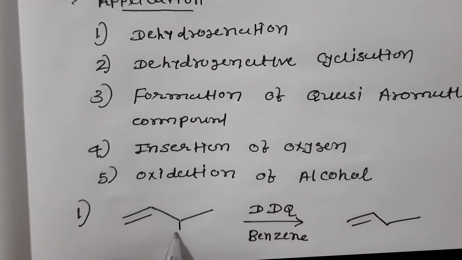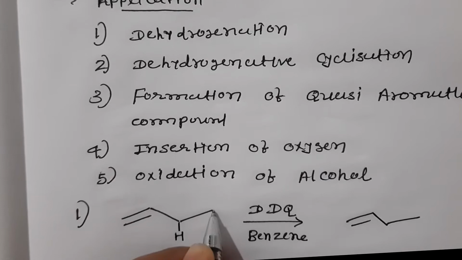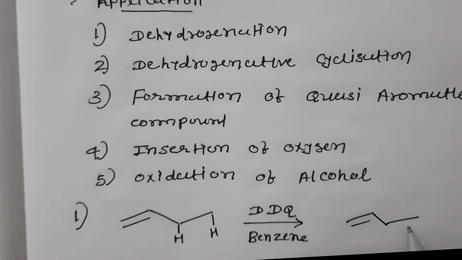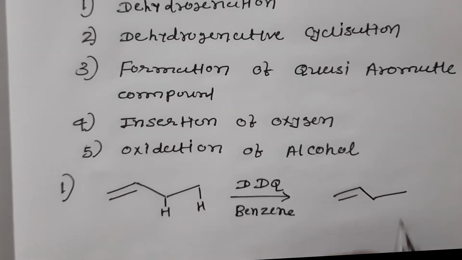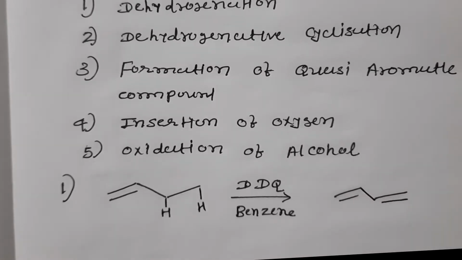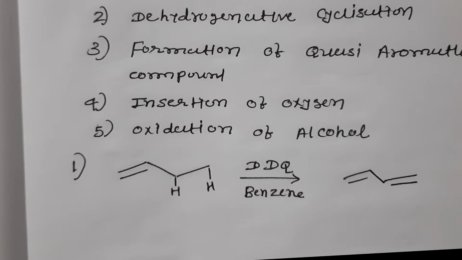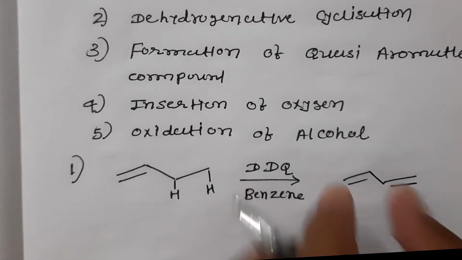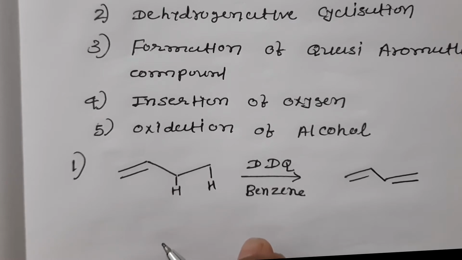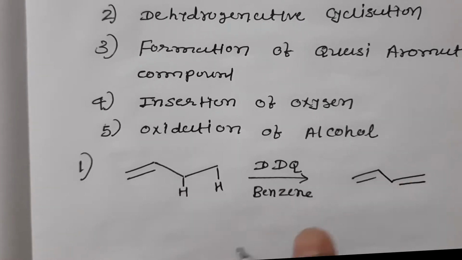Here one hydrogen is removed from here and one hydrogen is removed from here, and here is the formation of a new double bond. This is the main application. So one equivalent of DDQ removes one H2 molecule and generates one new double bond.